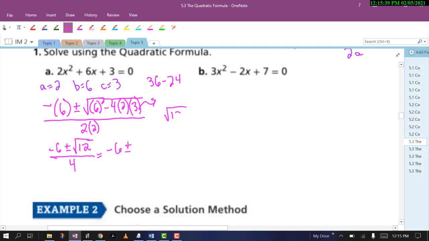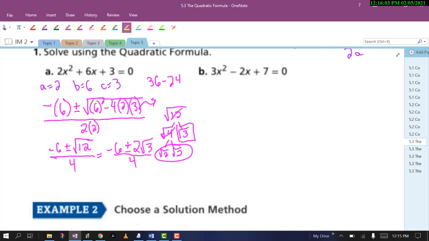So square root of 12, we're going to factor that. 4 and 3. And of course 4 is 2 and 2. So we bring a 2 out. So we got a pair. But we leave the 3 on the inside because it didn't have a pair. And that's over 4. Now, negative 6, 2, and 4 can all be simplified by dividing by 2.